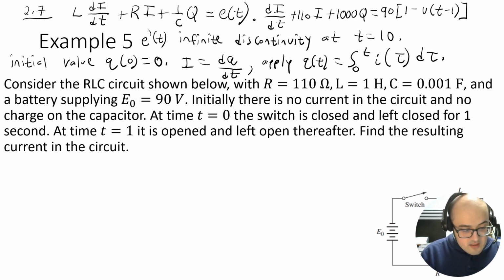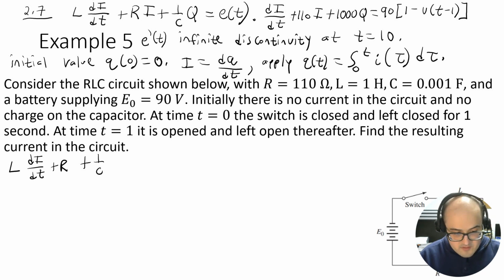So this then becomes L times the first derivative of I with respect to t plus R times I. And I should probably make my I capital there so it doesn't look different.